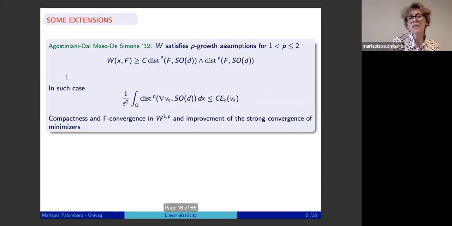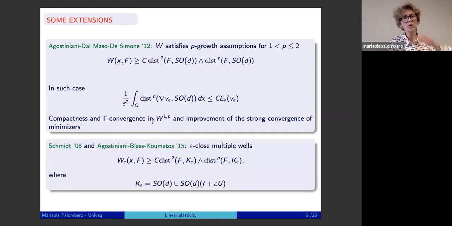Okay, so in this case, of course, compactness will hold in W^{1,p} if p is less than 2. Another extension of the linearization result is due to Schmidt and Agostiniani plus Koumatos. In their work, there is always this mixed growth condition, and the energy is minimized on the union of two wells.